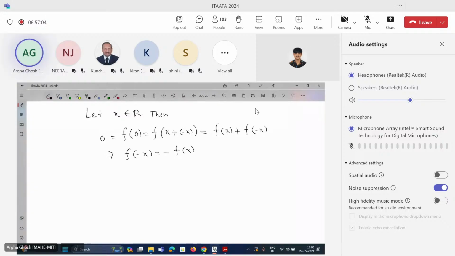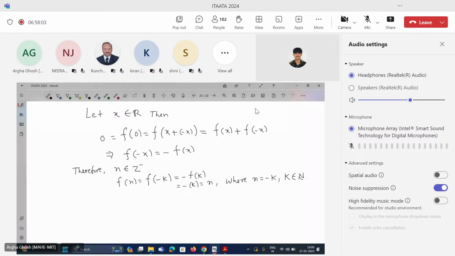Correct. So therefore, if n is a negative integer, where n equals minus k and k is a positive integer, f of n can be written as f of minus k, and by this property it is minus f of k.